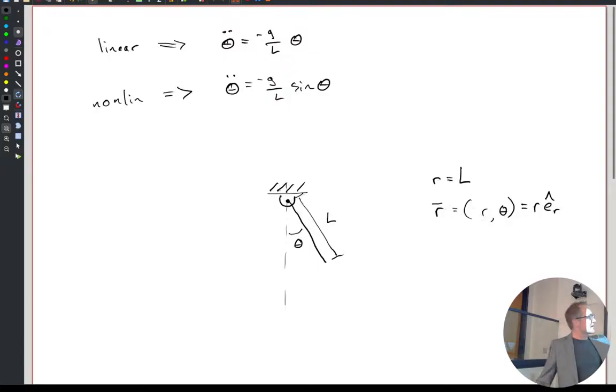We said R is L, and so our origin is a fixed point, right? So in this case we could draw it like a hinge, something like that. I'm trying to think if there would be anything else. Usually a hinge, right?